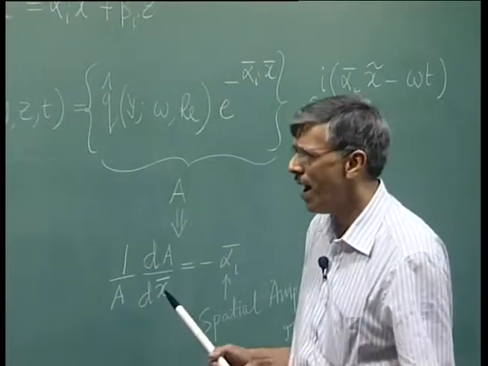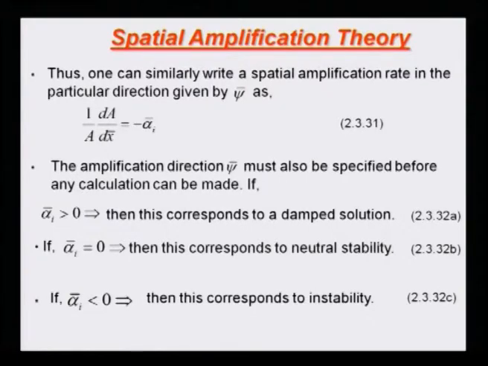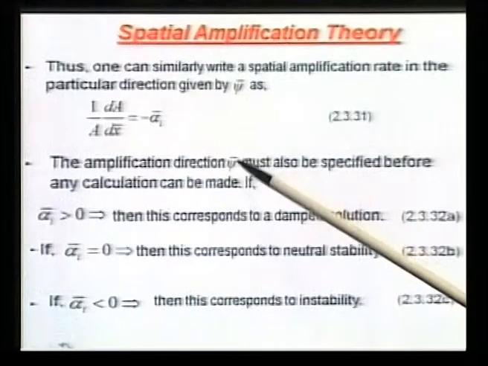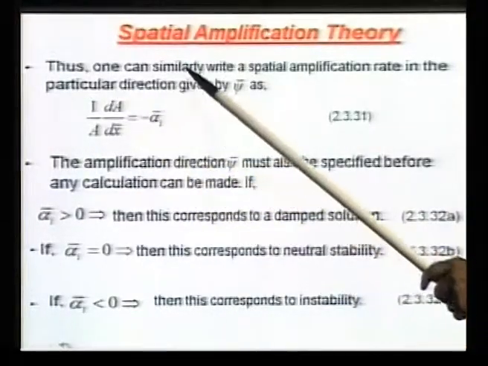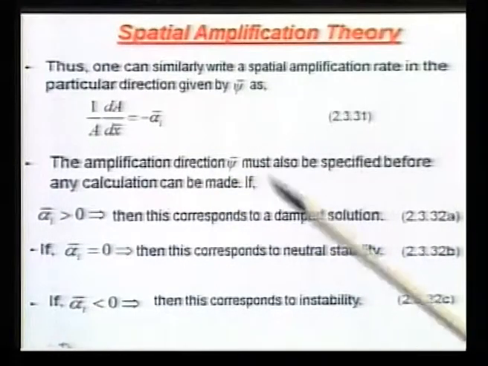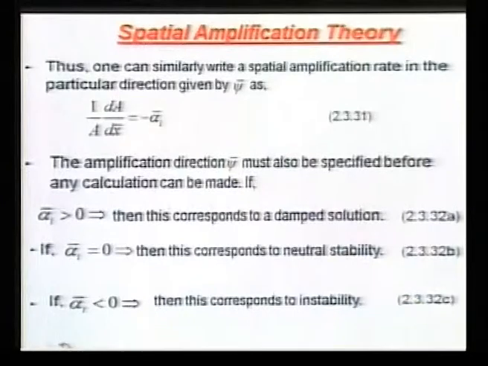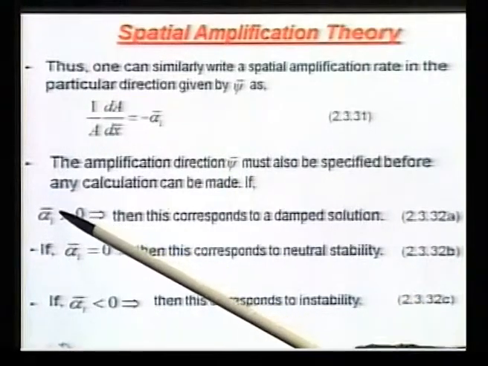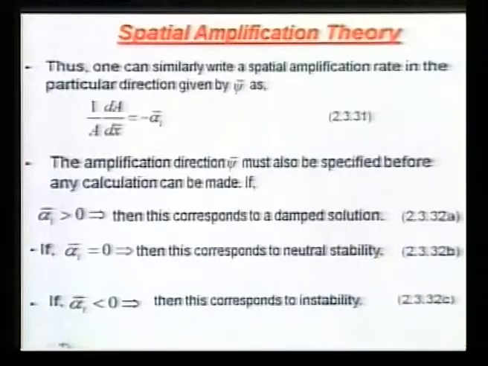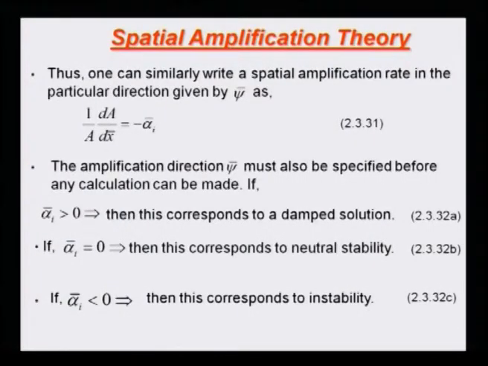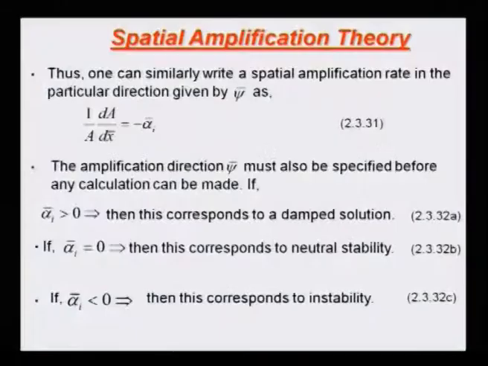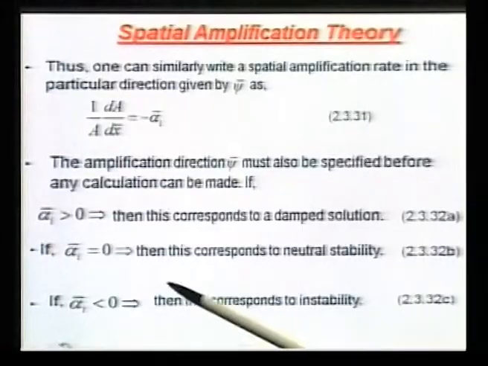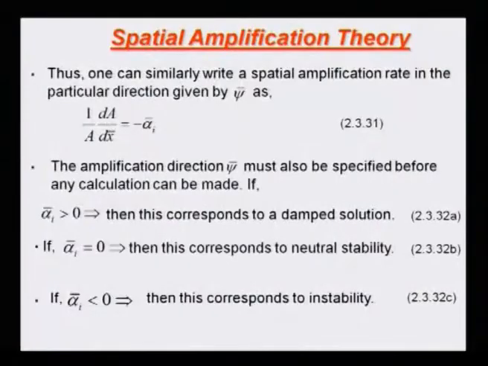If I somehow contrive to prescribe psi bar and then obtain this quantity numerically or experimentally, then I will get the whole quantity as minus alpha I bar. So, if alpha I bar happens to be positive, then that would be a decayed solution, right? While alpha I bar equal to 0, we have neutral stability. And of course, if alpha I bar is less than 0, then we have instability.